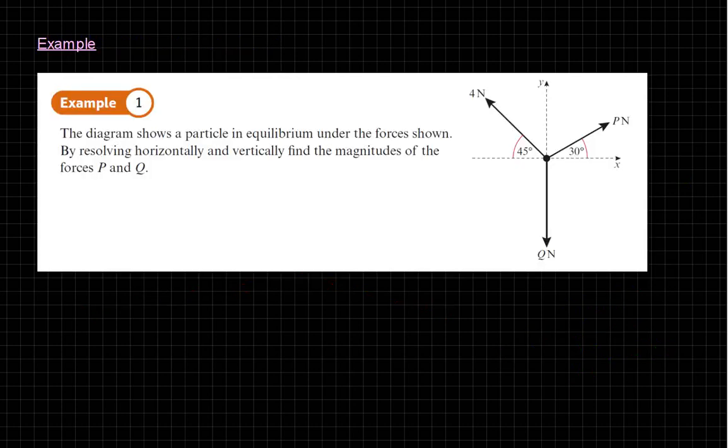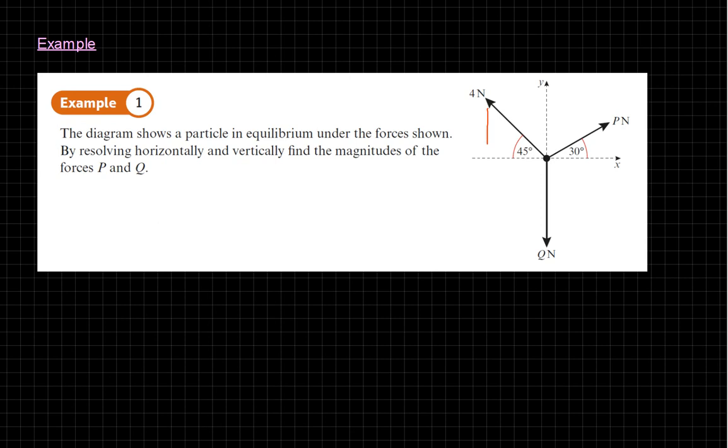Right, so let's look at an actual example. Here we've got 3 forces, 2 unknown, particles in equilibrium, and we're going to resolve horizontally and vertically. So at the moment it's easier. We're just using horizontal and vertical. And we're going to find the magnitudes of P and Q. So I'm just going to draw directly on the diagram.